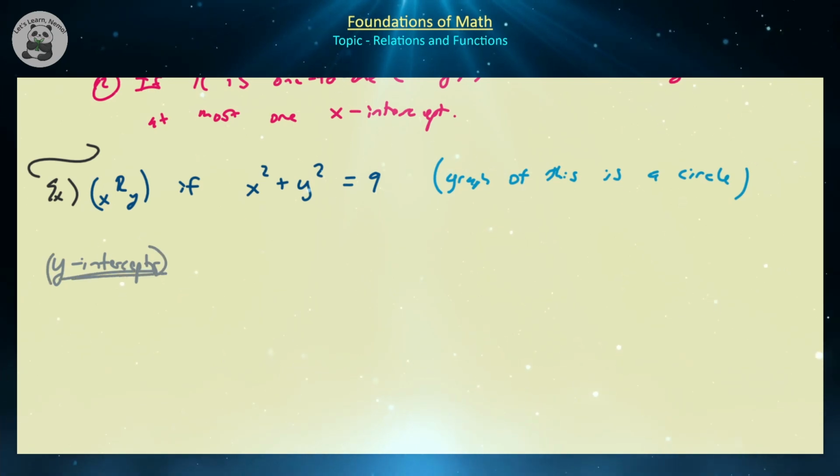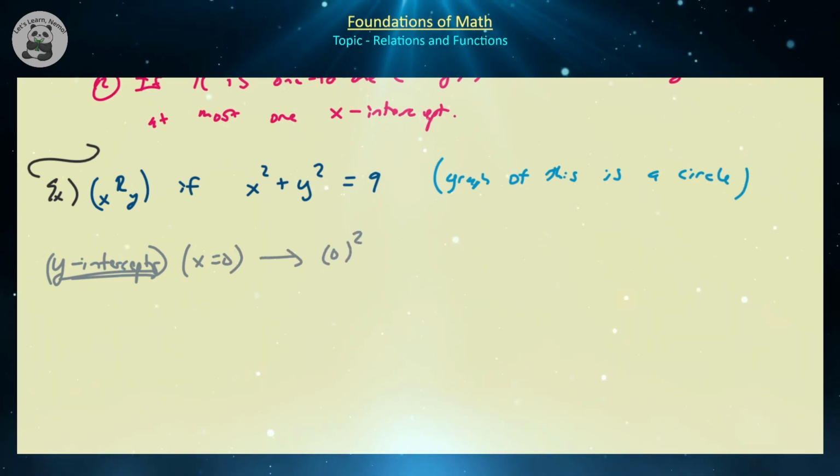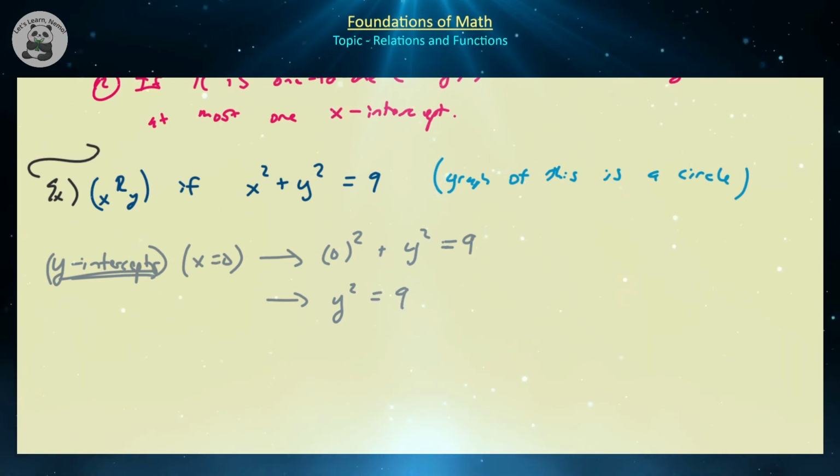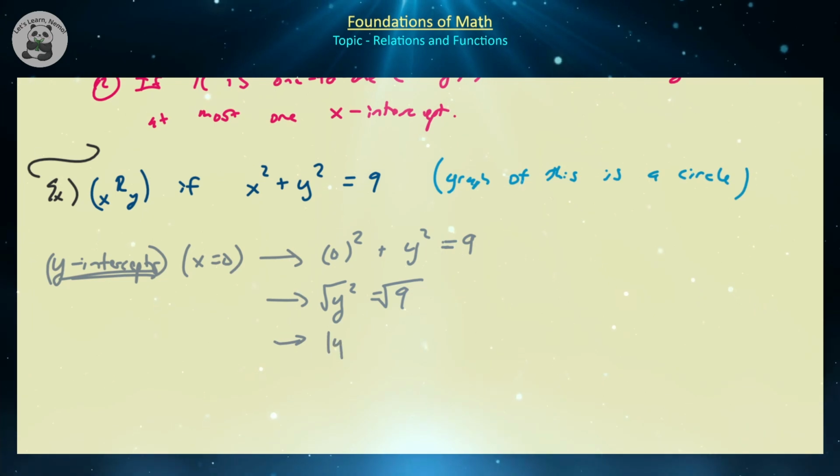When we're looking for y-intercepts, recall that if a point is a y-intercept, then the x value is going to be equal to 0. So that's going to give us 0 squared plus y squared is equal to 9. Well, 0 squared is equal to 0, so we're just left with y squared is equal to 9. From here, we can take the square root of both sides, and then we have that the absolute value of y is equal to 3.